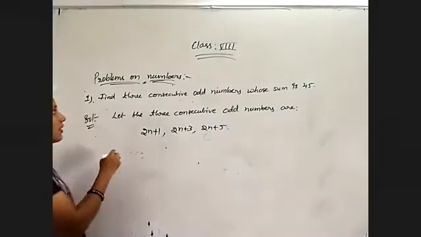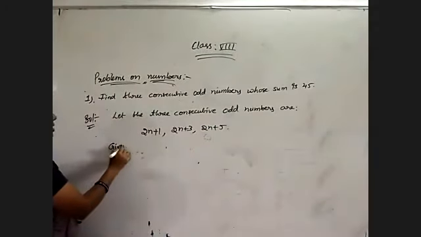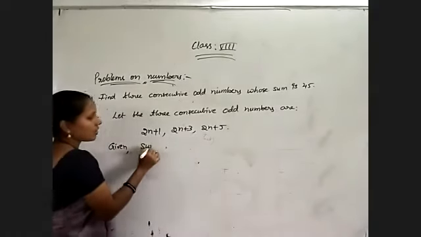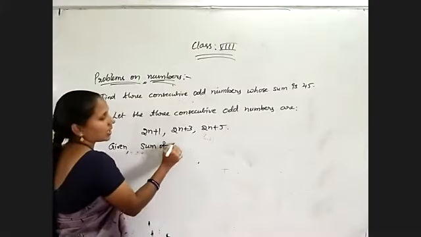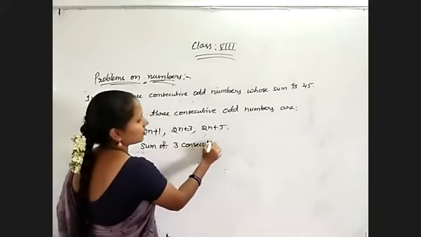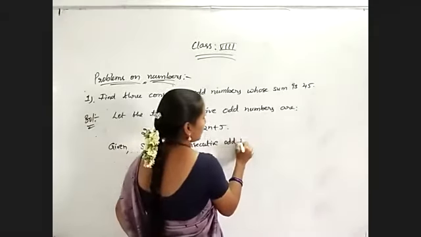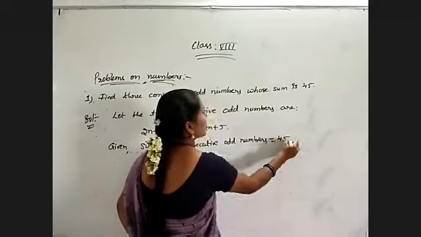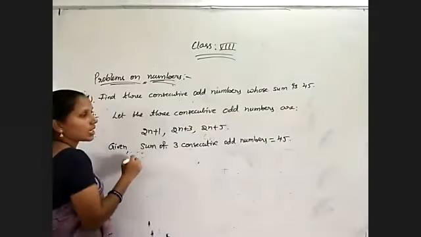Okay, given the sum of those 3 consecutive odd numbers is equal to 45, given in the question itself. So what are the 3 consecutive odd numbers?